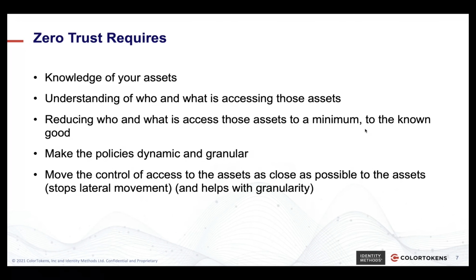And we want to reduce that down to only being applicable to people that are known good. So rather than having open access across the board, we need to start to look at restricting that and make them more dynamic and granular. Policies are based typically on IP addresses. The concept of this is to move away from just using IP addresses to control your security.